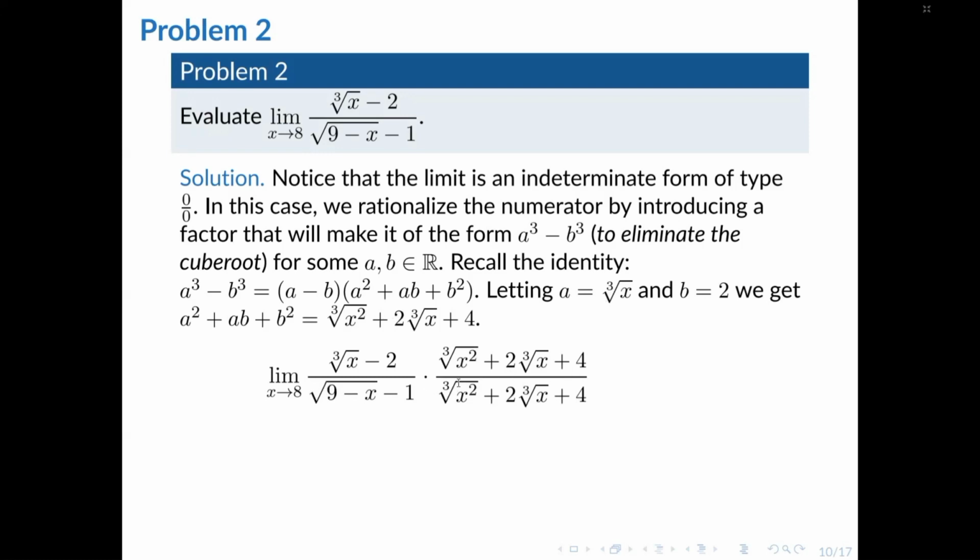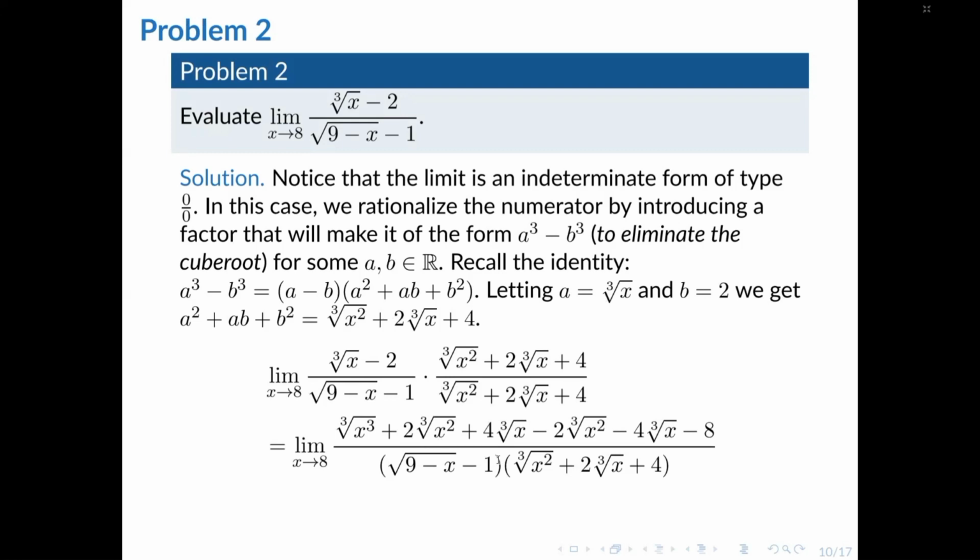We can use this to rationalize the numerator. After multiplying the numerators and the denominators, we get the limit of x minus 8 all over the square root of 9 minus x minus 1 times the quantity cube root of x squared plus 2 times the cube root of x plus 4.